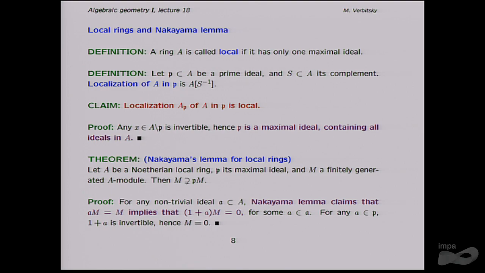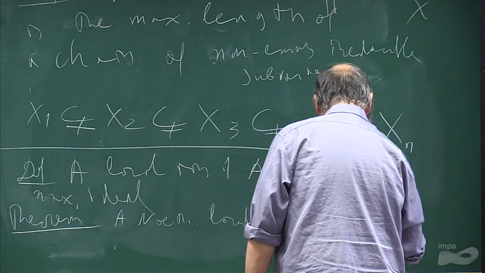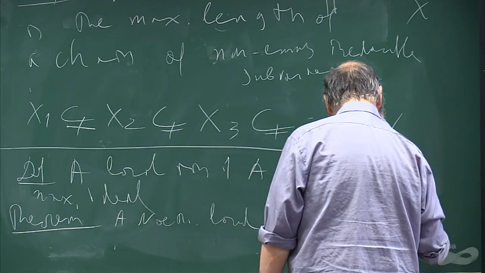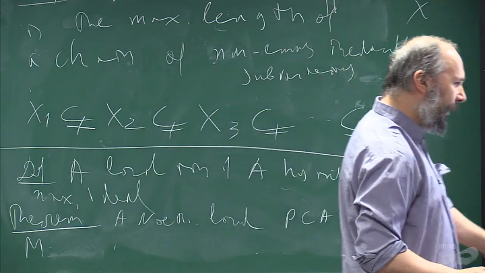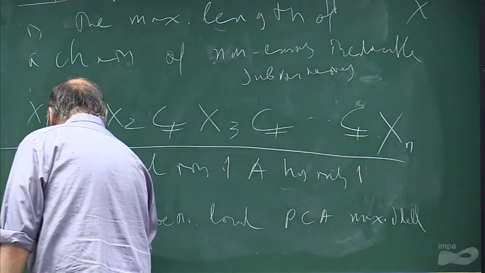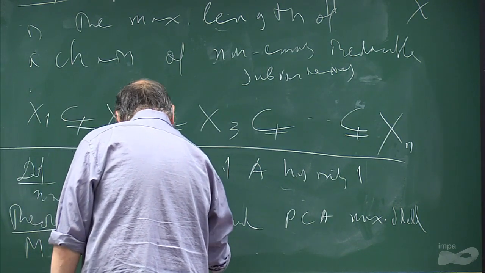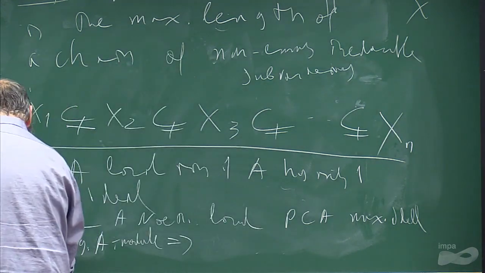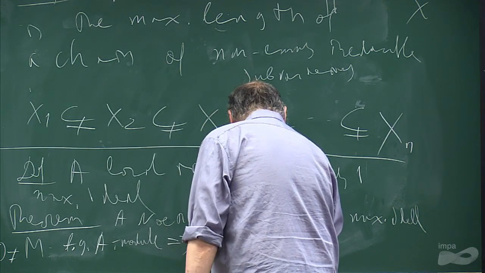You have A Noetherian and local, with P the maximal ideal, and M is a finitely generated A-module, non-zero. Then M is not equal to P times M.